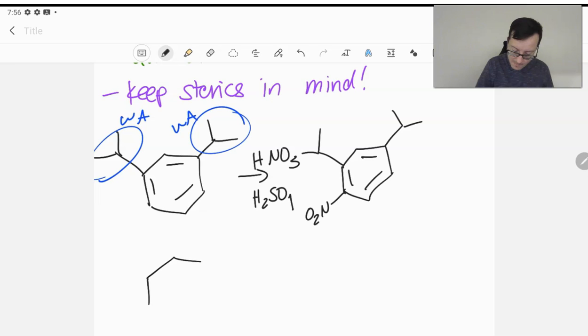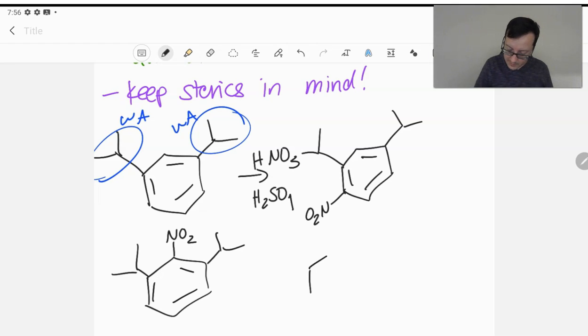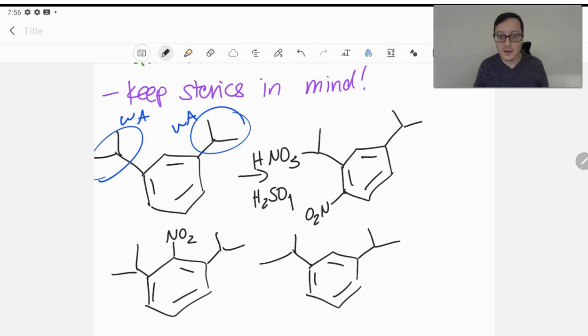We can put that nitro group ortho to both of them. Or we can put it, again, we're not going to put it meta to the isopropyl groups. That would be quite silly. We know both isopropyl groups are ortho-para directors, so one of them should win, right? So we have really three positions, we can say.